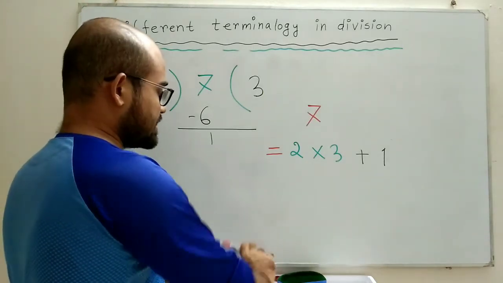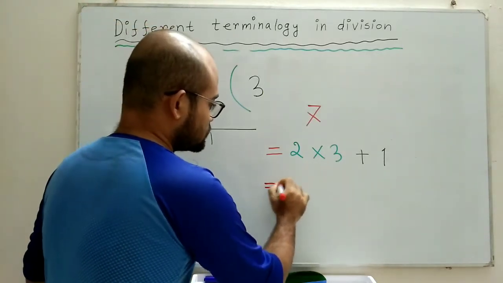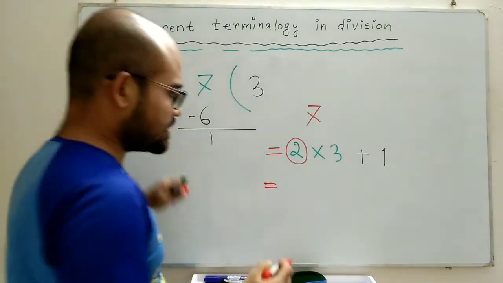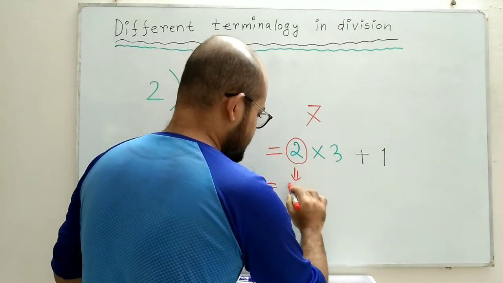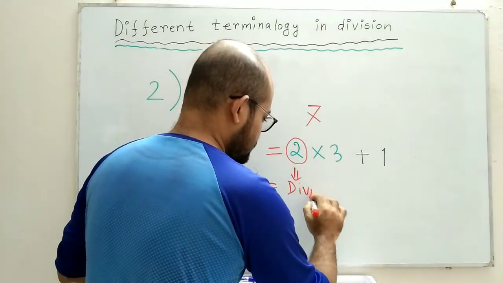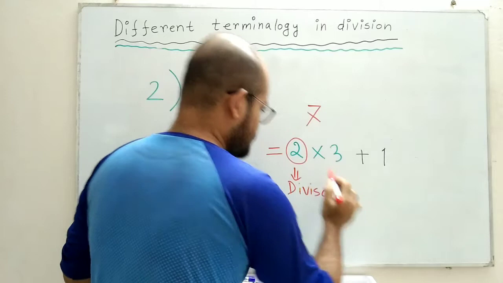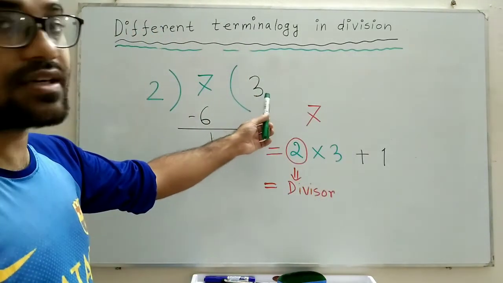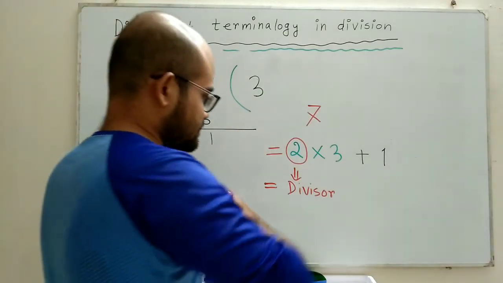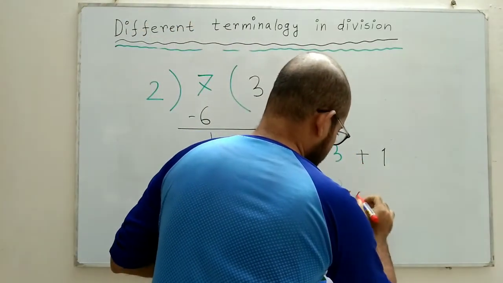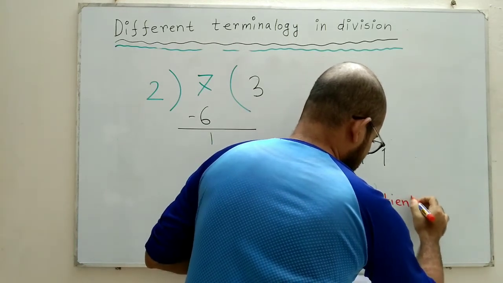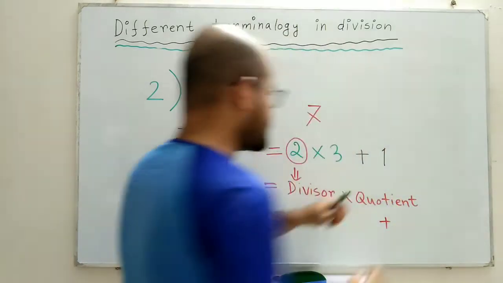Now in our case, what is this 2? This 2 is nothing but the divisor. So I can in general write, this is our divisor. What is our 3? 3 in our case is the quotient. And what is this 1?